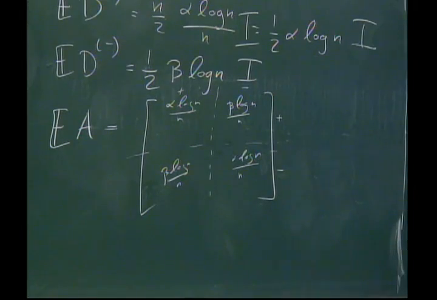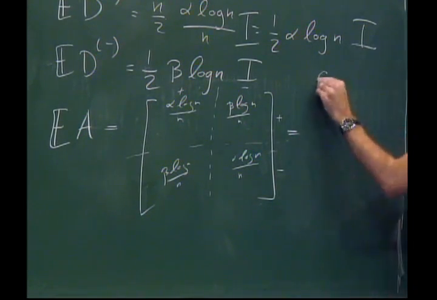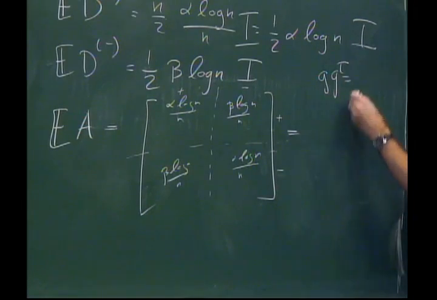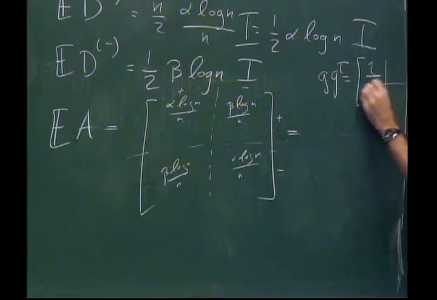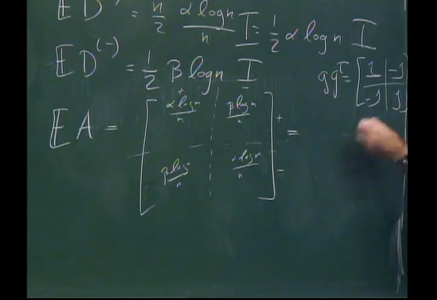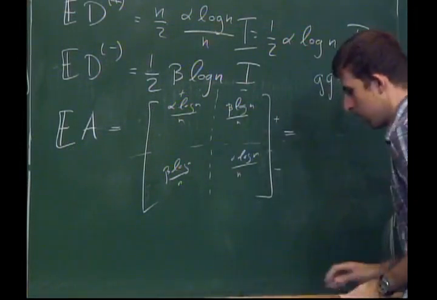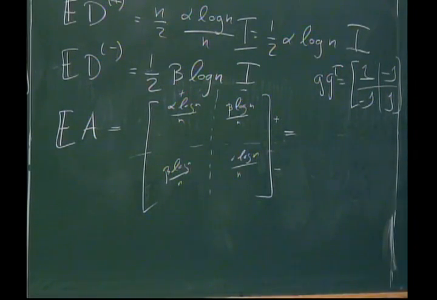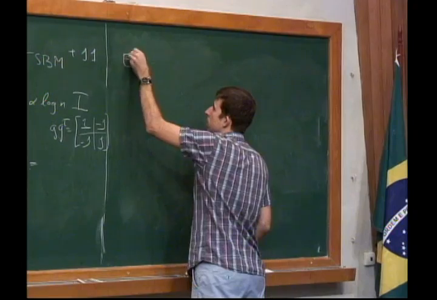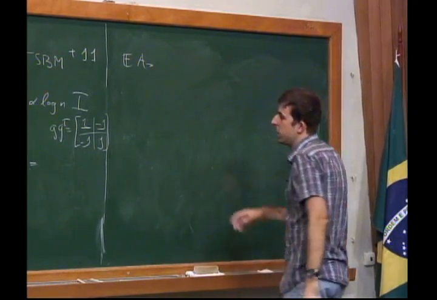Is this clear? We can actually write this using GG transpose. Note that GG transpose is simply ones here, minus ones, if we assume that this is the partition. So we can write the expectation of A in terms of GG transpose.